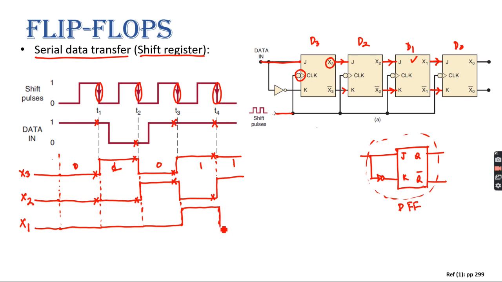So it will remain 0 until it gets the next negative edge. And likewise, for the last flip-flop, X1 is the input. So if we draw X0 and consider that X0 was 0 before the pulse is applied, it will continue to be 0 until it gets the first negative edge.